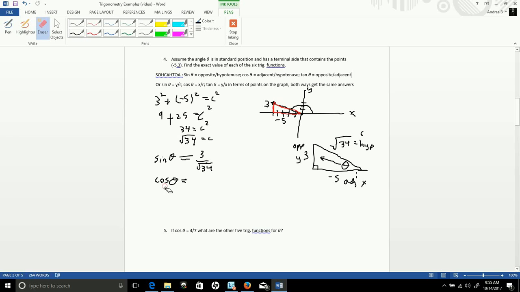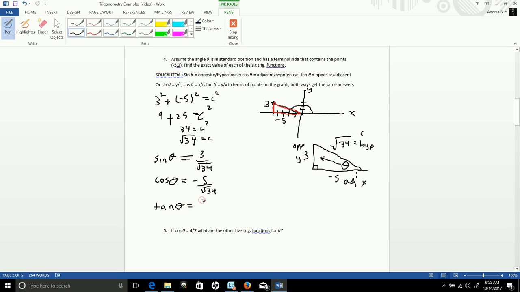And then for cosine, you're doing the same sort of thing here, but now we're dealing with the adjacent side and the hypotenuse. So we'd have the negative 5 over that square root of 34. And then for tangent, same type of thing, except for now we're dealing with the opposite over the adjacent.